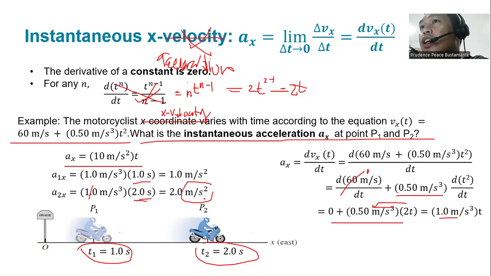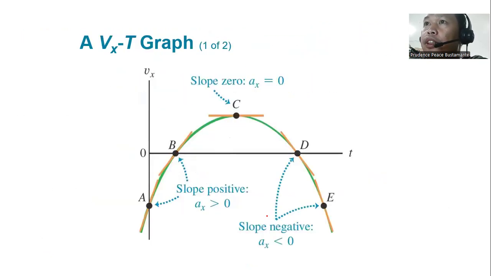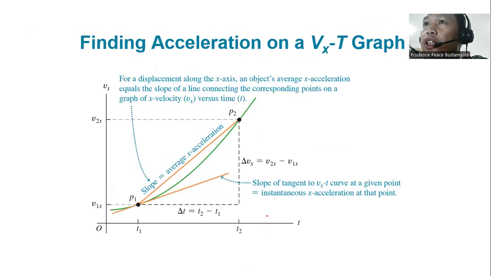Again, the SI unit for acceleration is meters per second squared. This is the slope of the velocity versus time graph. The slope is your acceleration. For your v-t graph, the instantaneous acceleration is also tangent to your graph.